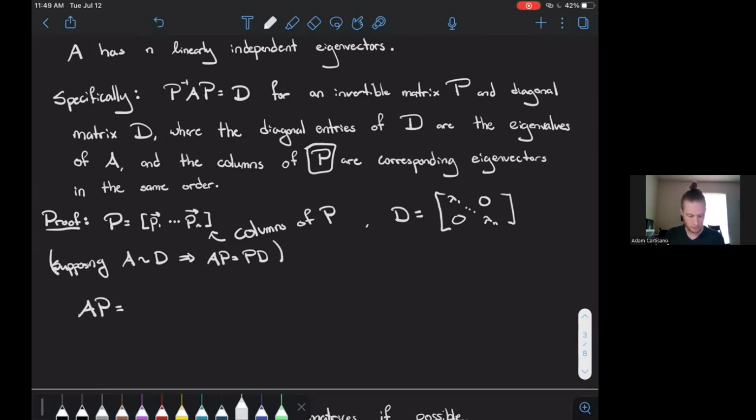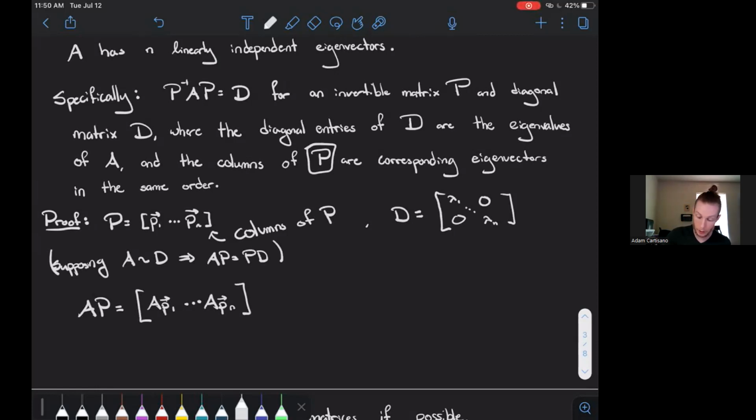It's the matrix whose columns are AP1 all the way up through APn. These are going to be column vectors. Just check the matrix multiplication. And each of these columns is a column in this resulting matrix.